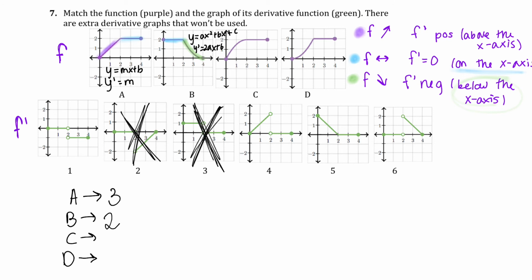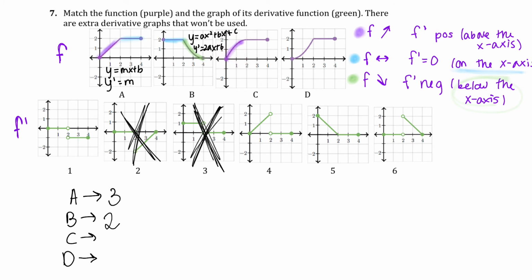Looking at part C, we do have an increasing portion up until 2. And again, it's a parabola. So if it's a parabola type shape, this is not a line, this is a parabola type shape. We know it's going to be a line in the derivative. If it's a parabola here, it's a line in the derivative. And we know it's increasing.